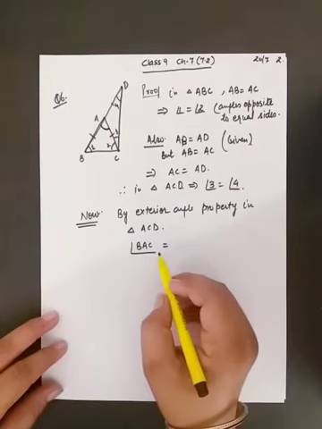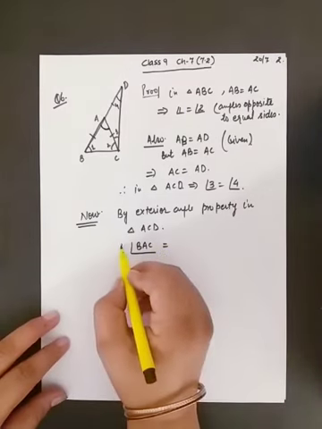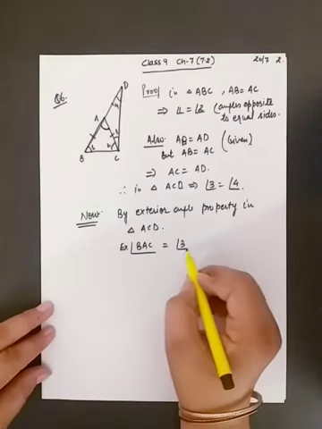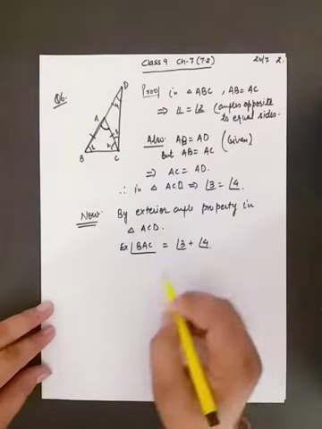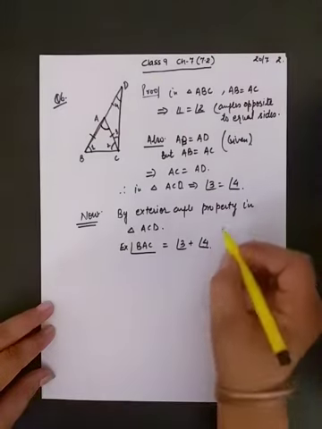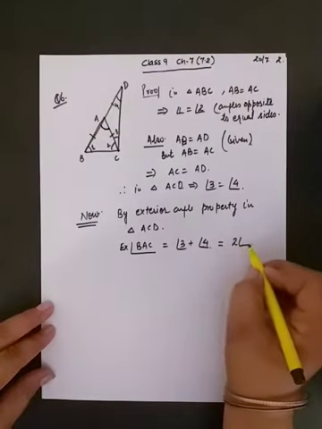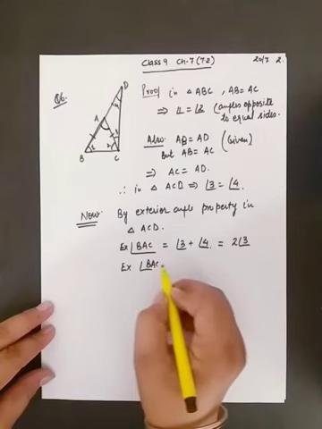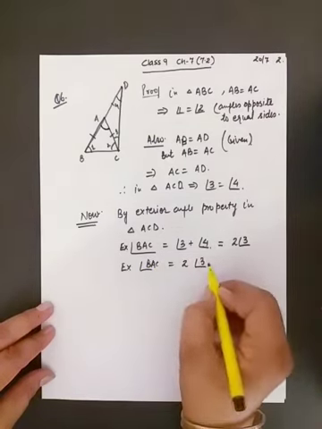But here I am using exterior angle property, and we can write exterior angle BAC is equal to angle 3 plus angle 4. But angle 3 and angle 4 are equal, or we can write it as double of angle 3. Exterior angle BAC is equal to double of angle 3.